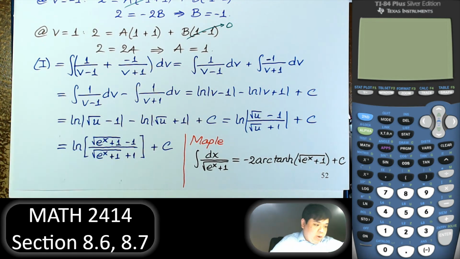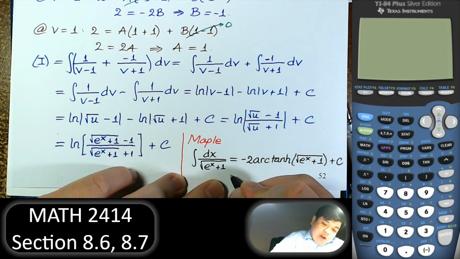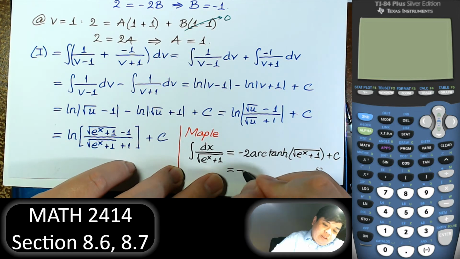Or if we use the other notation, this is negative 2 arctangent hyperbolic.